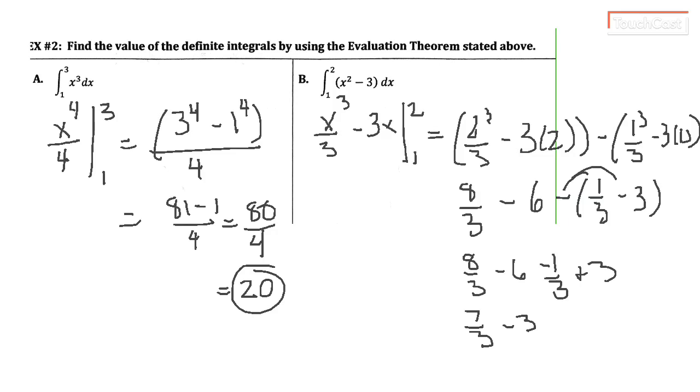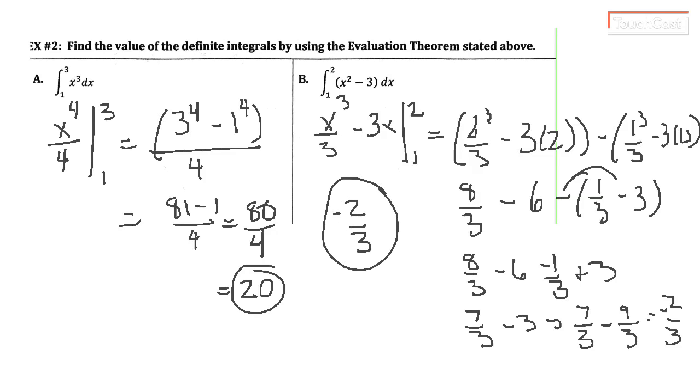Now I'm going to rewrite that 3 so we can combine them as something over 3. So I'm going to have 7/3 minus 9/3, which is going to give us negative 2/3. So our answer to B is going to be negative 2/3, or negative 0.6 repeating if you're using a calculator.